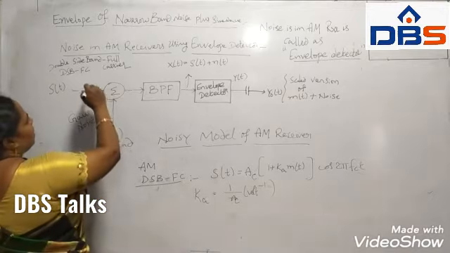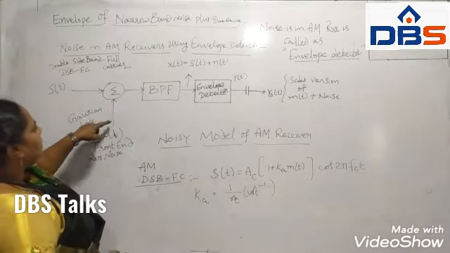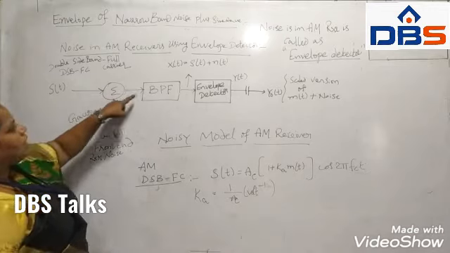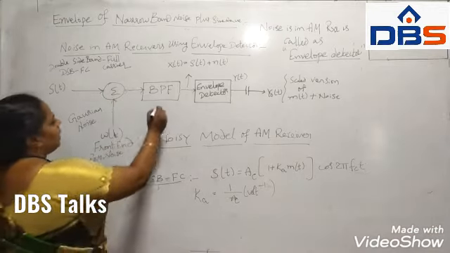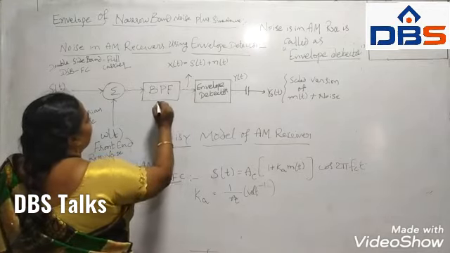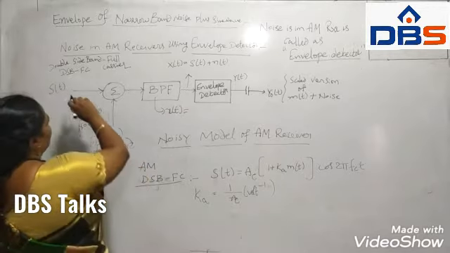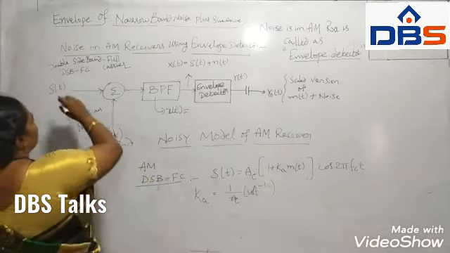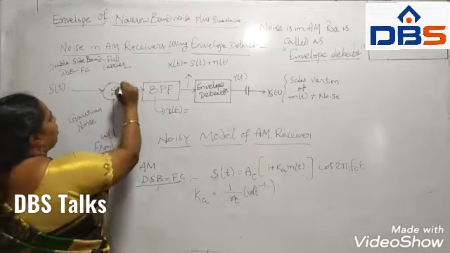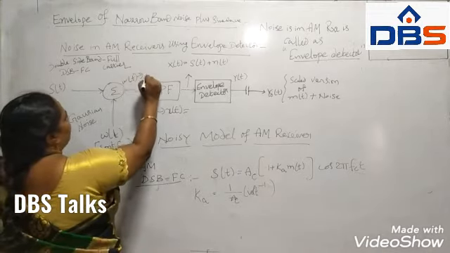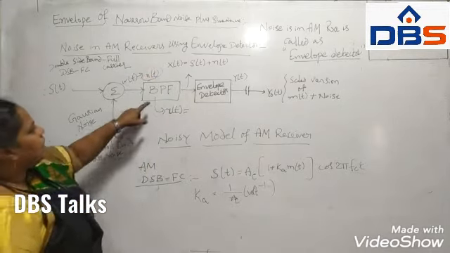Here, S of t and W of t are mixed and connected to the band pass filter. In the band pass filter, X of t is the addition of S of t and W of t, but here the Gaussian noise W of t is filtered, and we can take the noise at the receiver side.